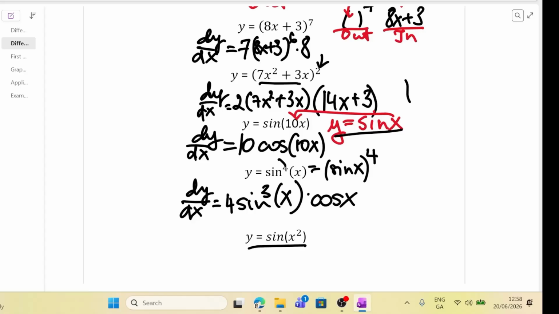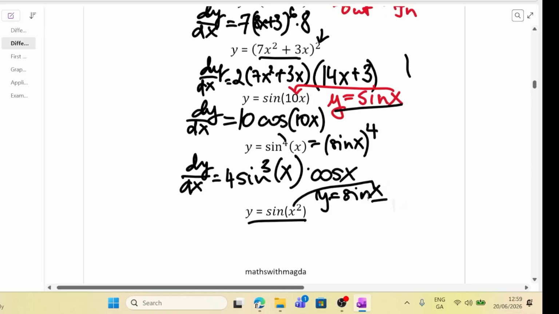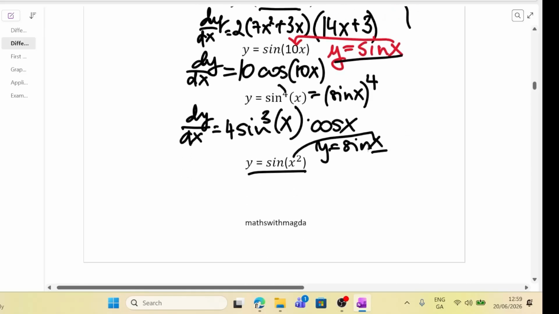Now, here it's a different one. Remember that in the log tables, you have the function y is equal to sine of x. So again, the x is replaced by x squared. So this is your new, so that will be your inside. And then when we differentiate that, we do dy over dx.